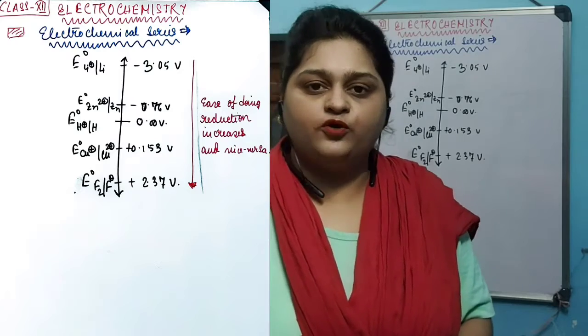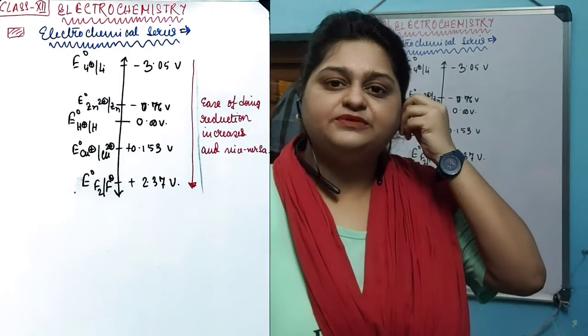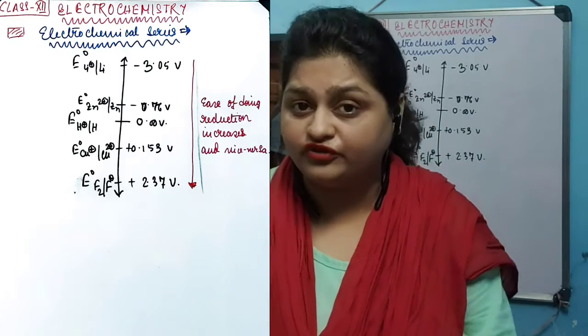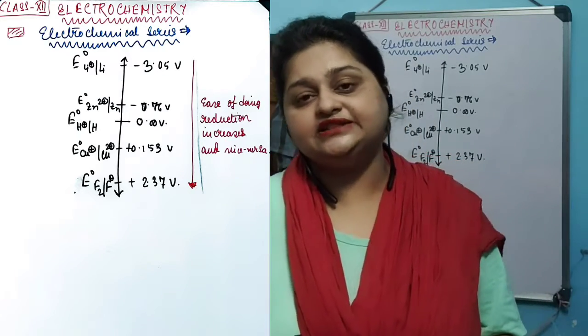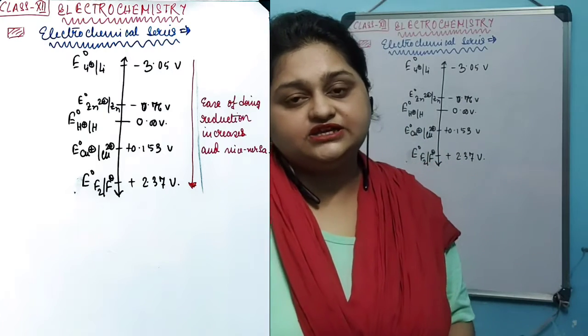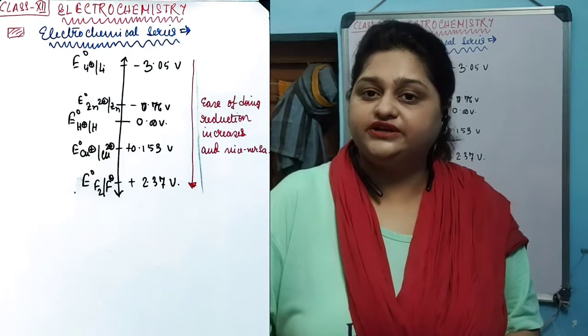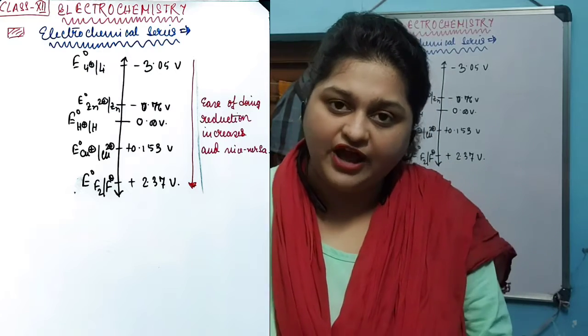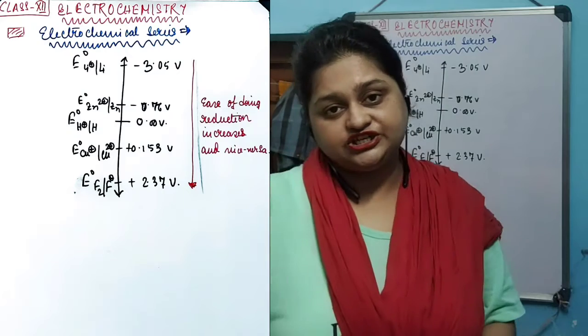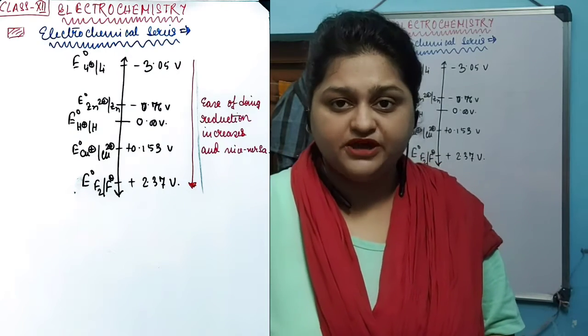If they are further down the series, reduction for that species is more favored. If they are placed in the upper portion of the series, reduction is not easy for the species. In fact, the opposite is easy for it: oxidation is easier for the species.